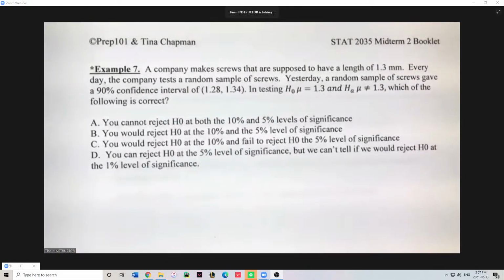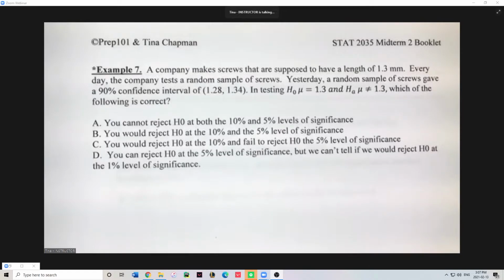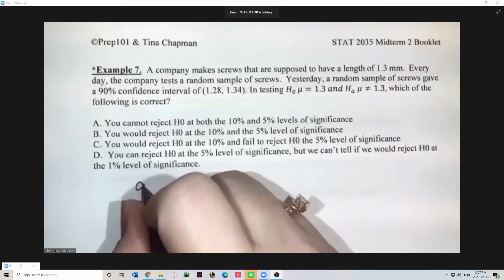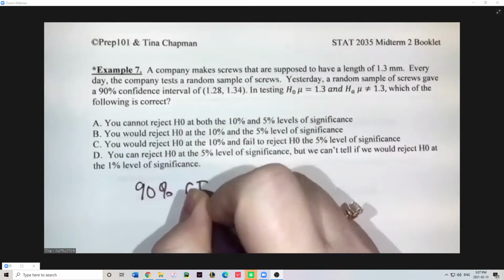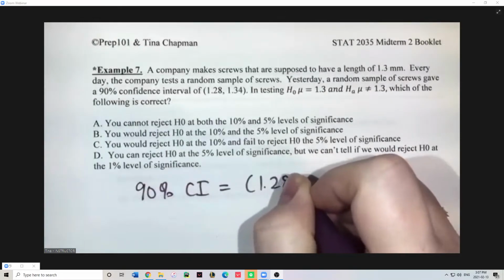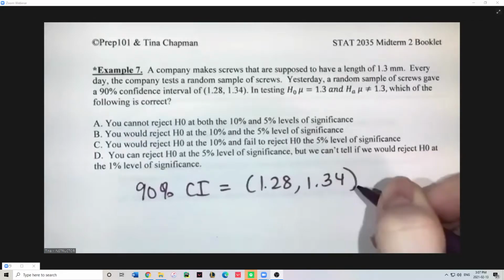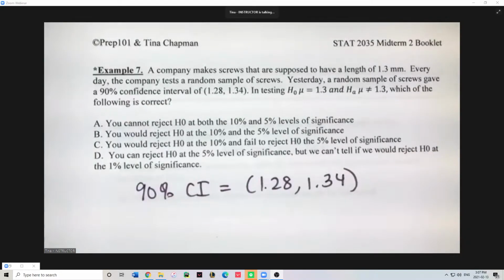Example 7. A company makes screws that are supposed to have a length of 1.3 millimeters. Every day, the company tests a random sample of screws. Yesterday, a random sample of screws gave a 90% confidence interval of 1.28, 1.34. Okay, so which of the following is correct?